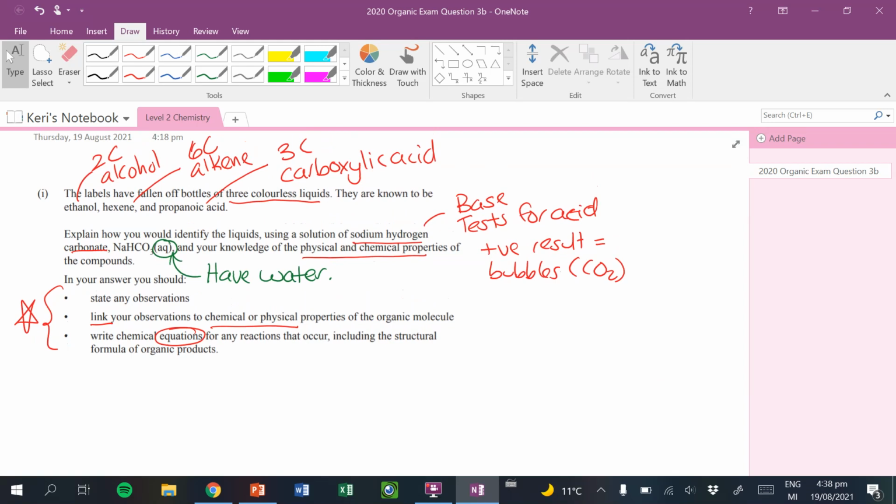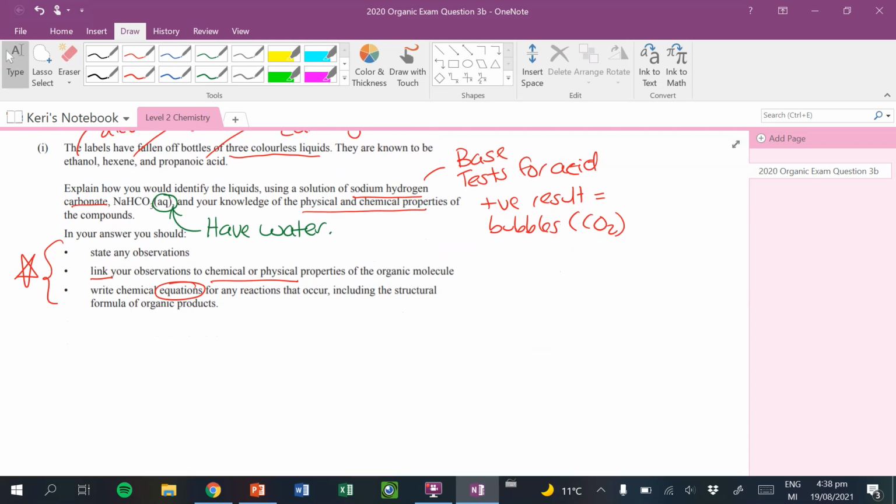But basically what you should be thinking about is ethanol is going to be miscible. I can't spell. We're just going to say it. Soluble in water, but no reaction.